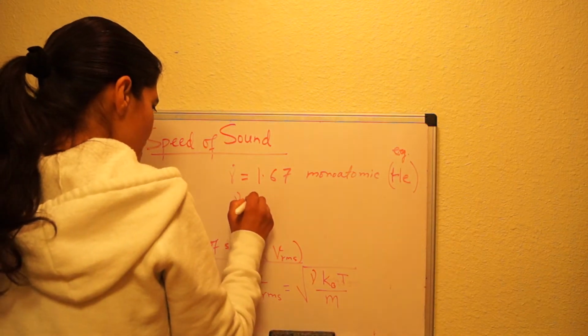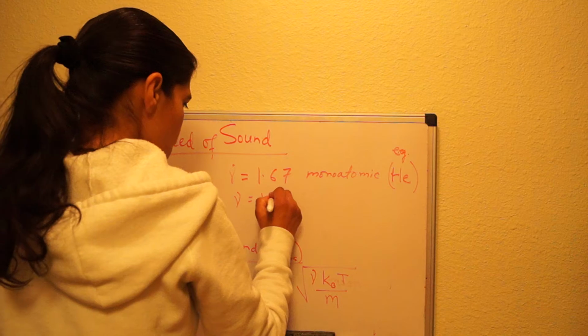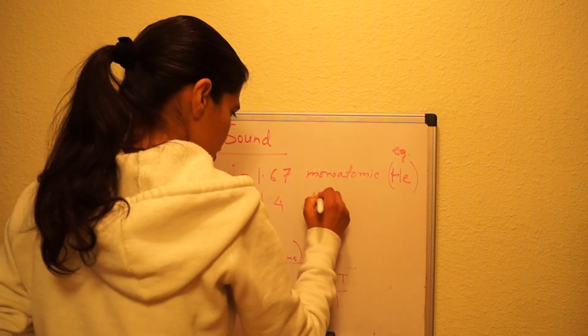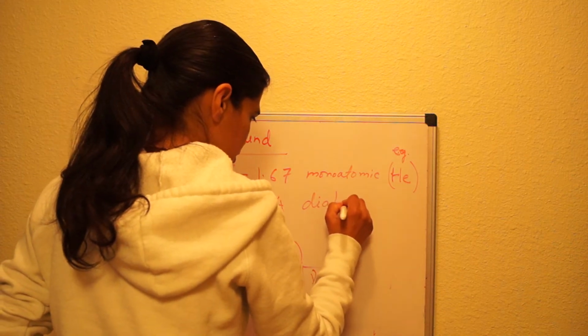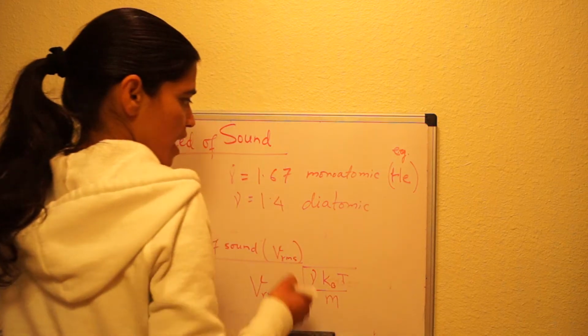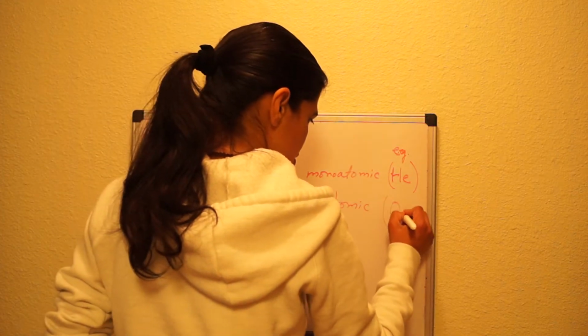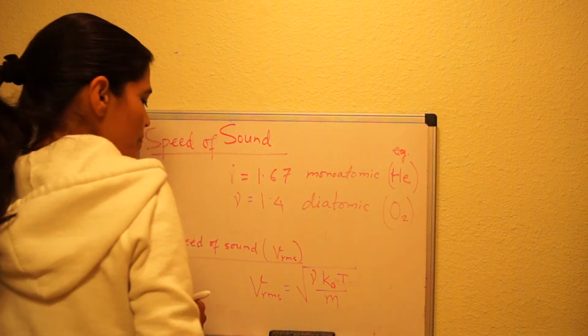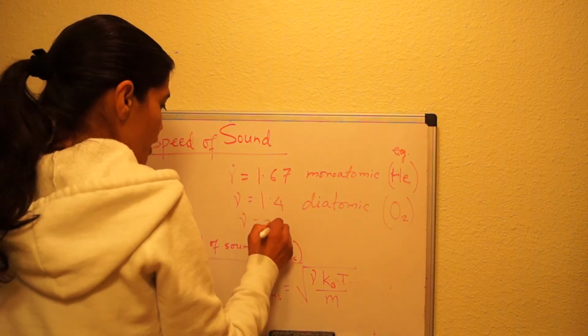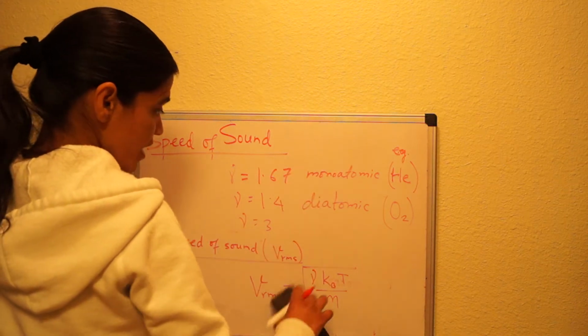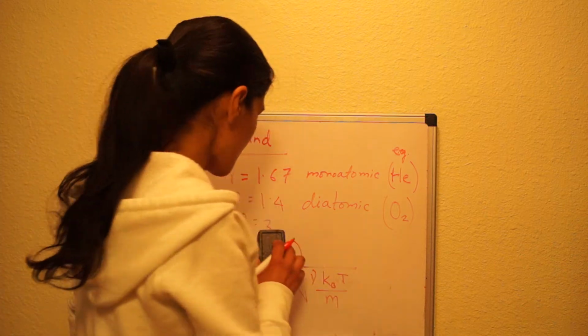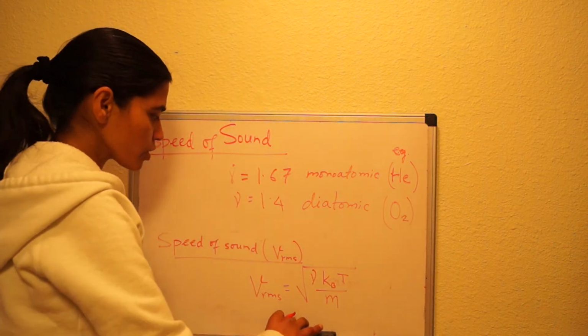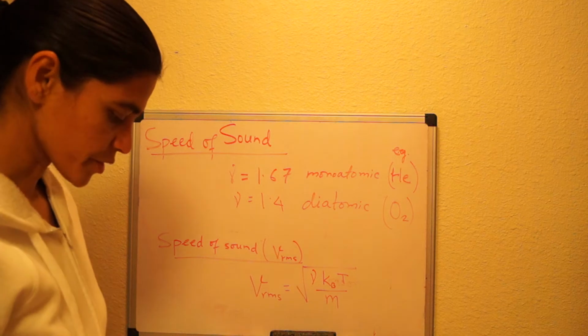And then gamma equals 1.4 for diatomic gases. Diatomic gases are like oxygen, nitrogen, etc., right? And then gamma equals 3 that you saw earlier for triatomic gases, for example carbon dioxide. I'm not going to write that one, but this should be sufficient.